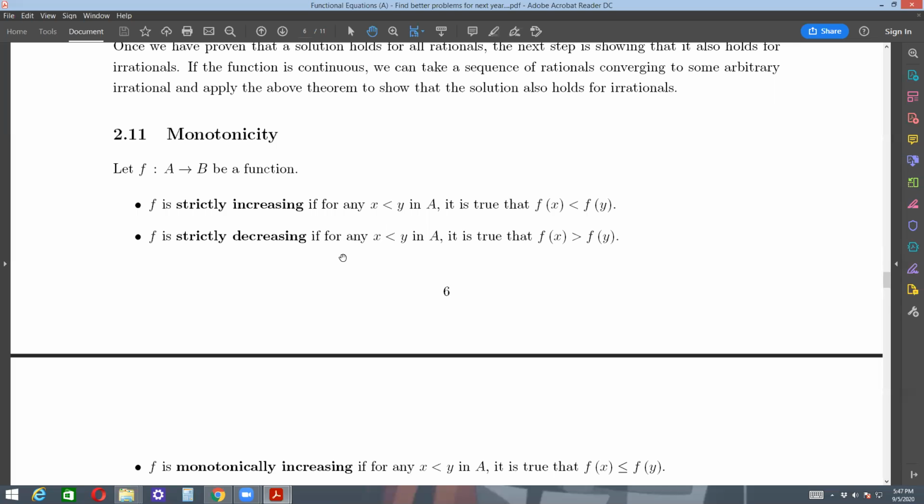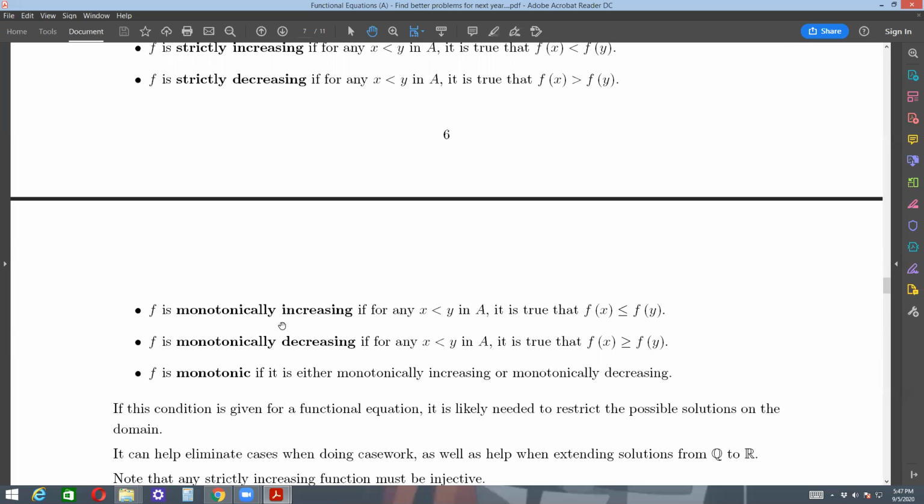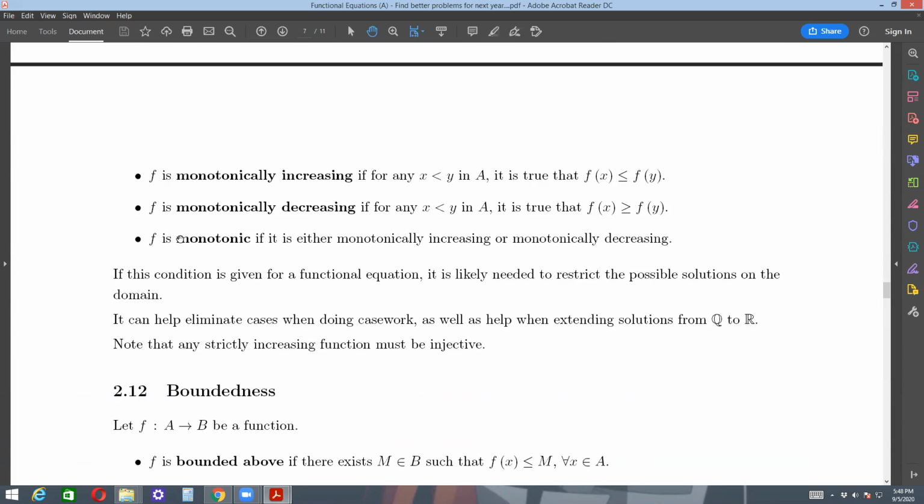If it's monotonically increasing or decreasing, you could think of it as a step: it could be equal at some values, but the sign could never change. So think of a step going up. It could stay the same for some values, but then at some point it'll keep going up. So we say it's monotonic if it's either monotonically increasing or monotonically decreasing.